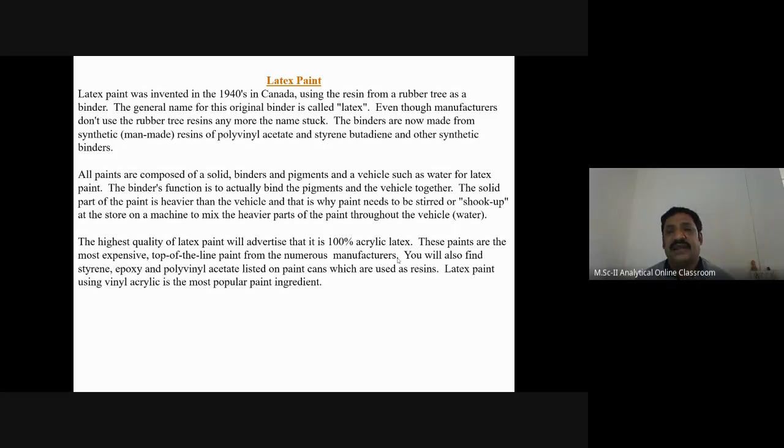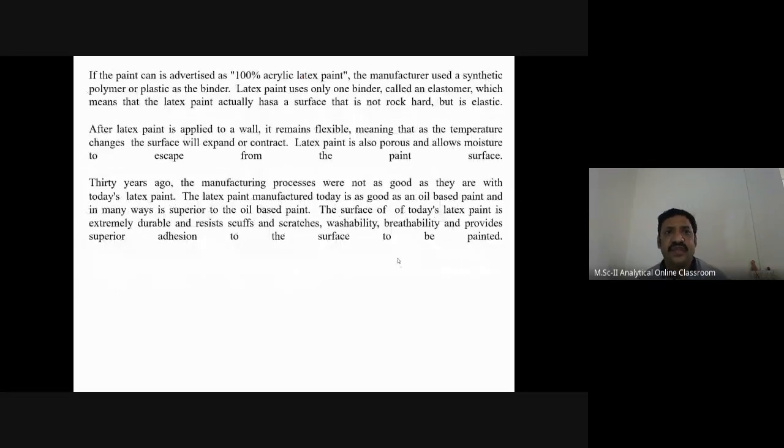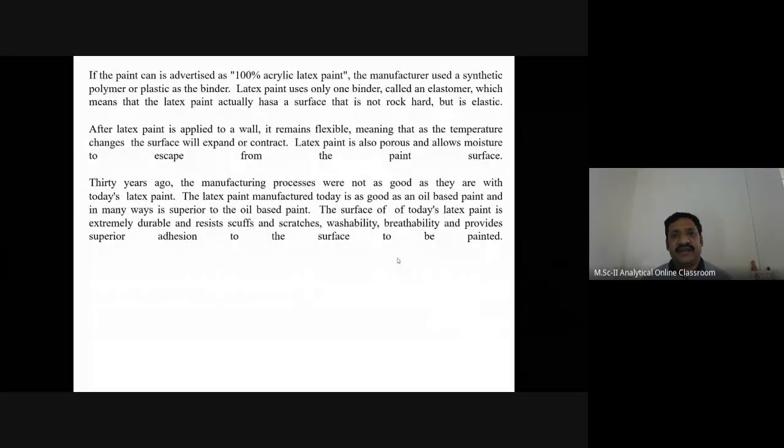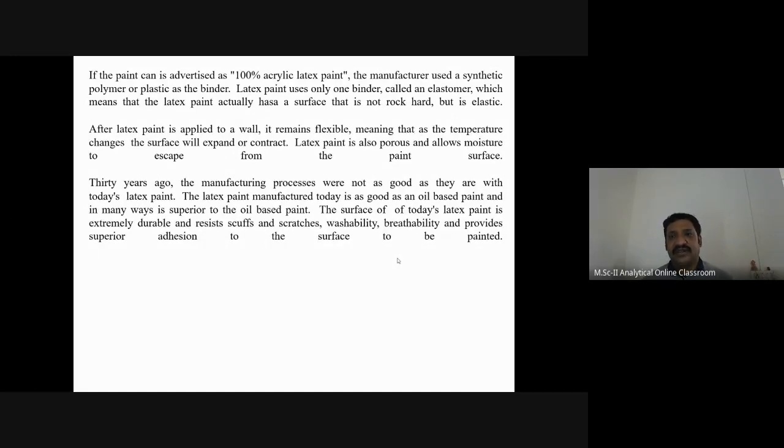Okay, so latex paint is water-based paint, that is the binder. And for examples, acrylic is the most popular one, then styrene, epoxy, polyvinyl acetate, etc. So if the paint can is advertised as 100% acrylic latex paint, the manufacturer used a synthetic polymer or plastic as the binder.